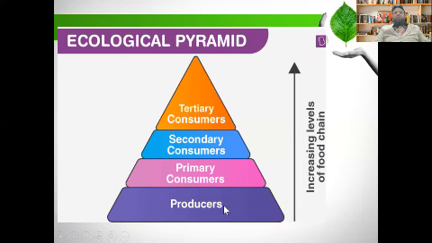The bar size is reduced because every time the number of organisms is reduced, and only 10% of the energy is transferred. That's why, after 4 or 5, there are no more trophic levels.